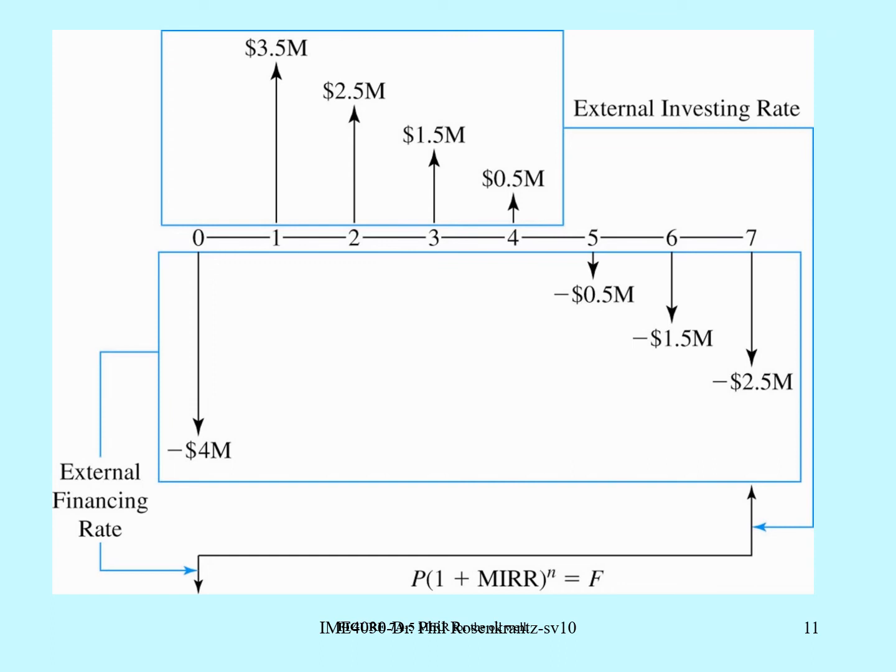Then once we get a single cash flow at year 0, a present value, and a single cash flow at time period 7, a future value, we can then solve for the internal rate of return that makes the net present worth equal to 0.